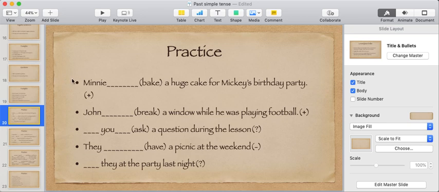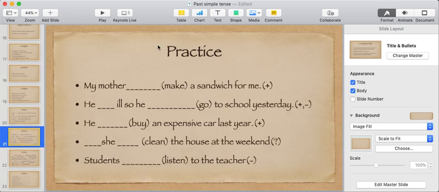This is the first one. And the second slide is the same thing. But you can see this one is positive and negative, it means that this one is positive, this one is negative. So you can do the same thing for this one.